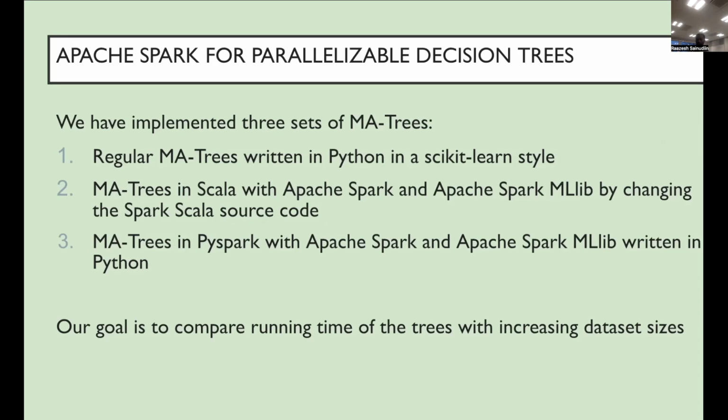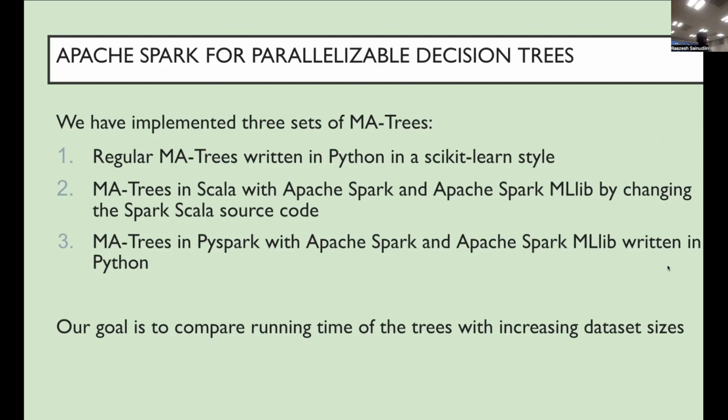So number 2 here is an implementation in Scala which we modified to handle this missingness avoiding feature. We also played around with replacing parts of the Python code with PySpark operations to see if that could also work, and that would be a simpler approach.